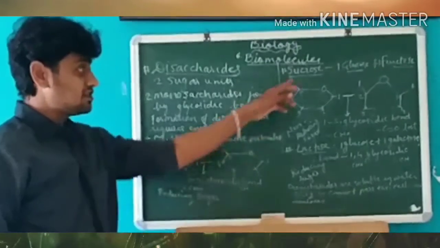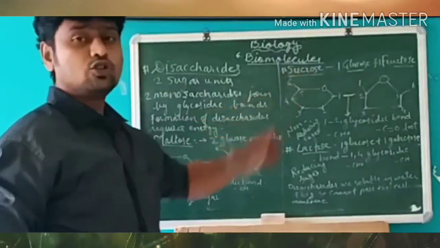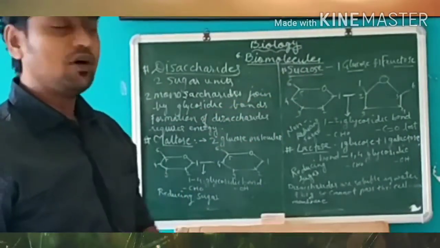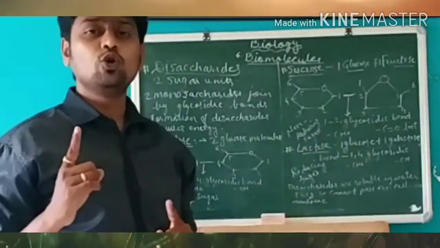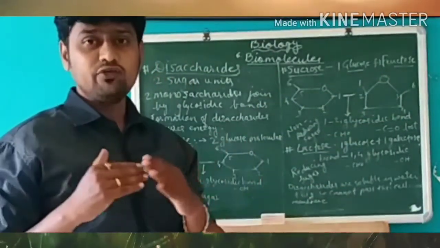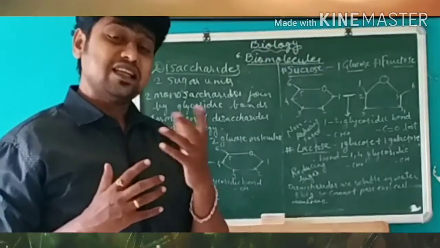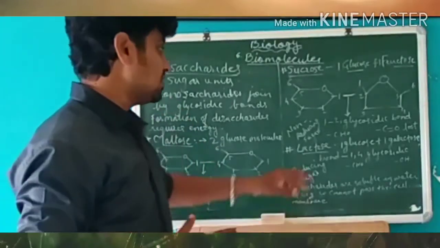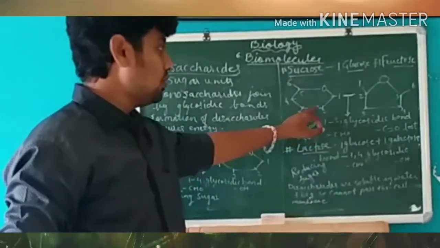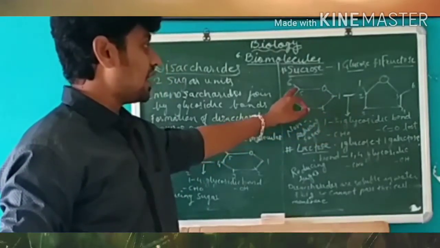Let us discuss the second example, that is sucrose. Sucrose is also a disaccharide. It is made up of one glucose molecule and one fructose molecule, which join with each other and form a glycosidic bond. Again, this is a glucose molecule: one oxygen, first carbon, second, third, fourth, fifth carbon, and the sixth carbon is branched.